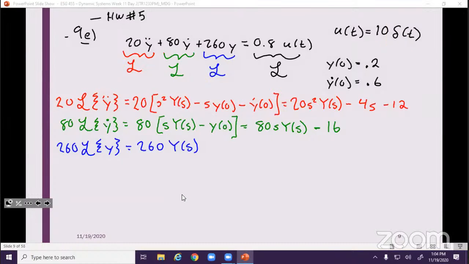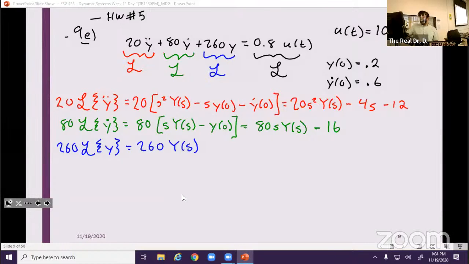The last thing we have to do is take the Laplace transform of the right-hand side. 0.8 and 10 are both constants, so what this is saying is that the input is 0.8 times 10 times delta of t, times the Dirac delta.